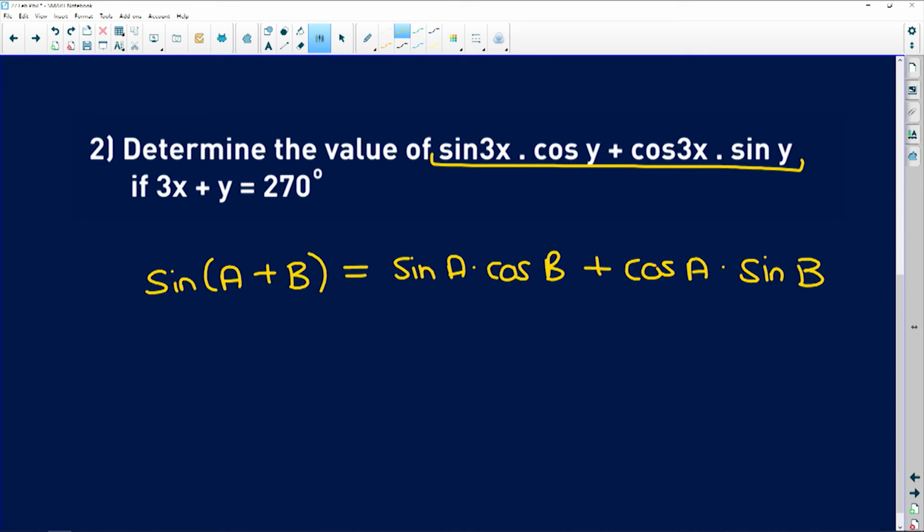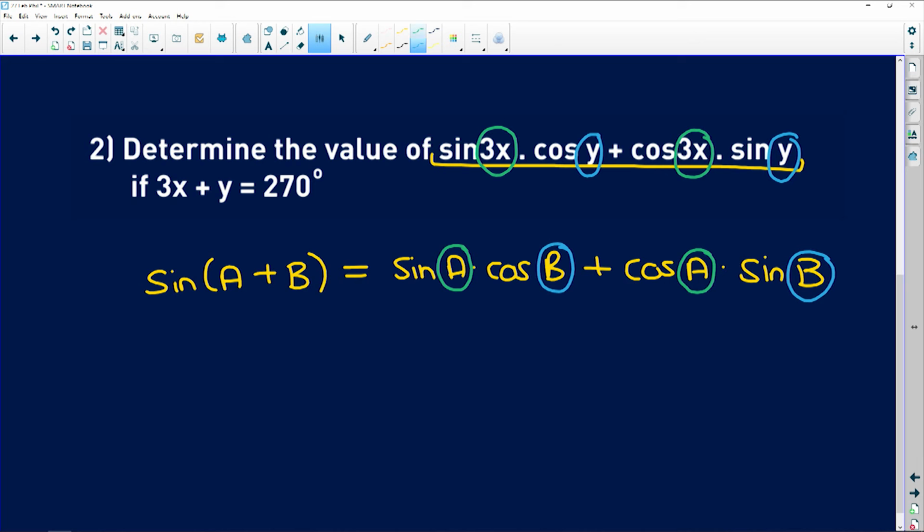Okay, it's up to you to recognize that if I have this angle attached to the sine, and then the same angle attached to the cos, which I do here, sine of 3x and cos of 3x, and then I have the same angle attached to the cos and then to the sine, which I do here, that is a compound angle formula.